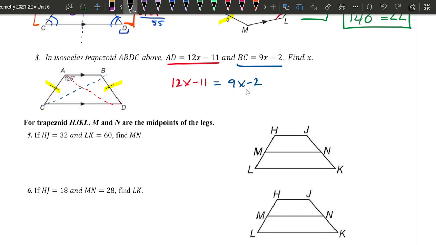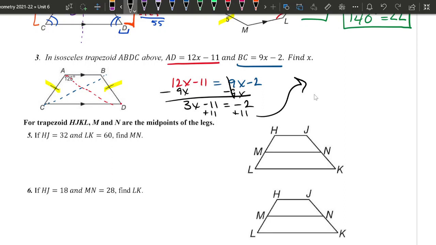And then we can solve. So I'm going to add 2. Hold on. I'm going to start with the 9. Subtract 9x. So 3x minus 11 equals negative 2. And then I can add 11.